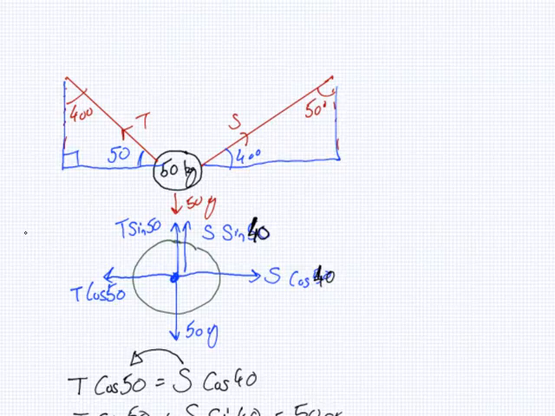Read the question, I'll give you the key word. Listen, I'll tell you why. A 50 kilogram mass hangs from the ceiling.